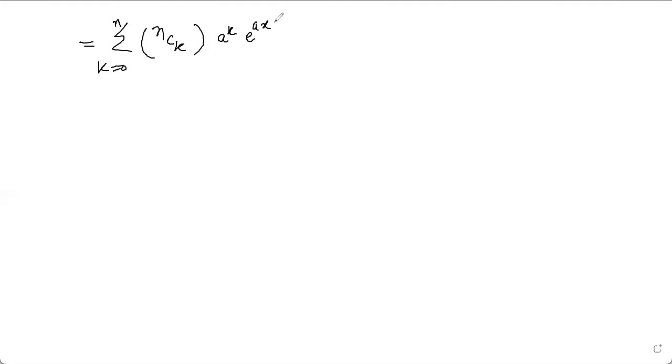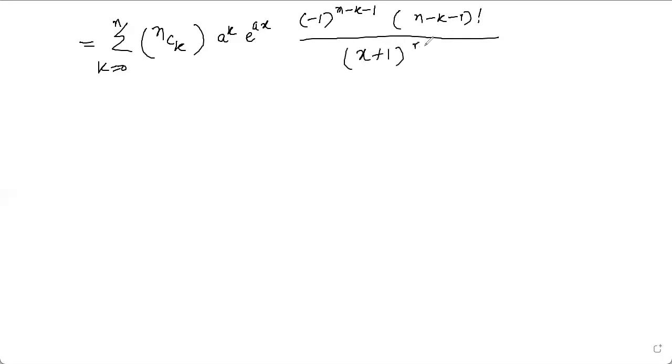And v_k, that would be (−1)^(n−k−1) (n−k−1)! / (x+1)^(n−k), right?